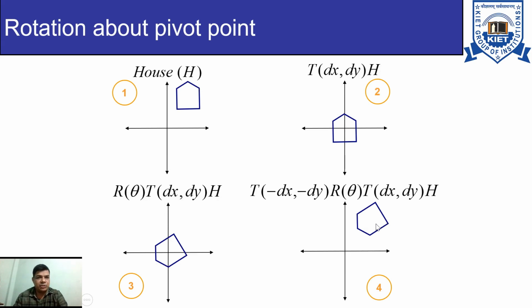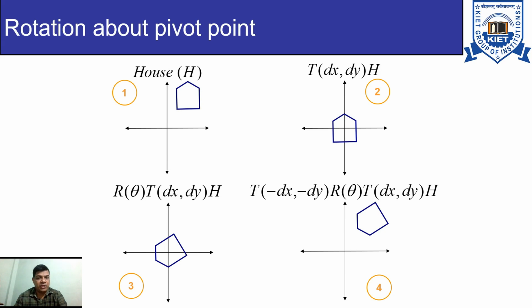So this transformation can be written as translation of minus dx comma minus dy, into rotation with an angle theta, into translation again with the value dx comma dy.